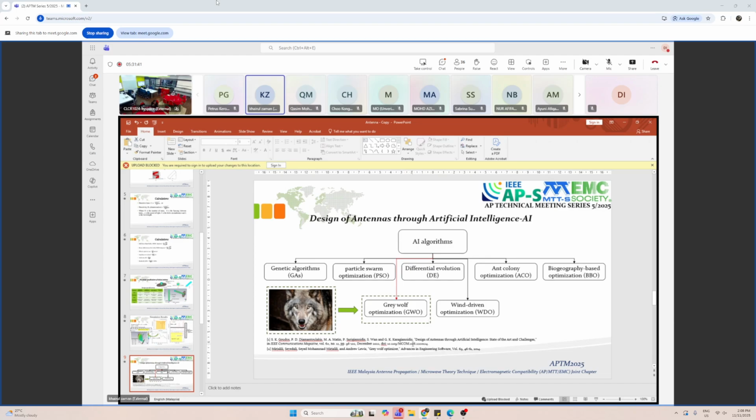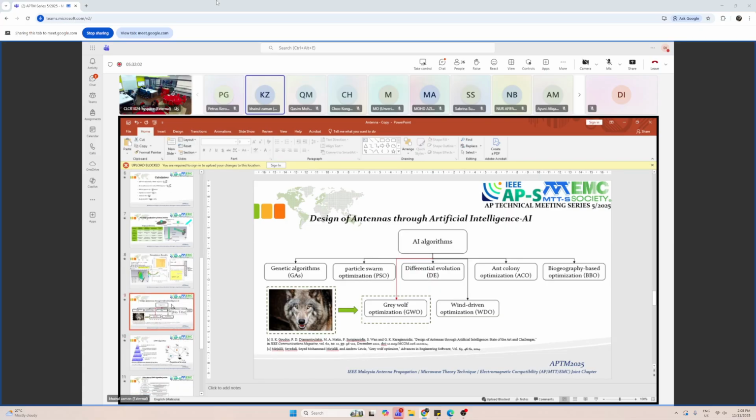For those who are interested in using AI to enhance the antenna, you may refer to the state of the art and challenges paper, as I already referenced here, and have a look at this paper about using AI to enhance the antenna.